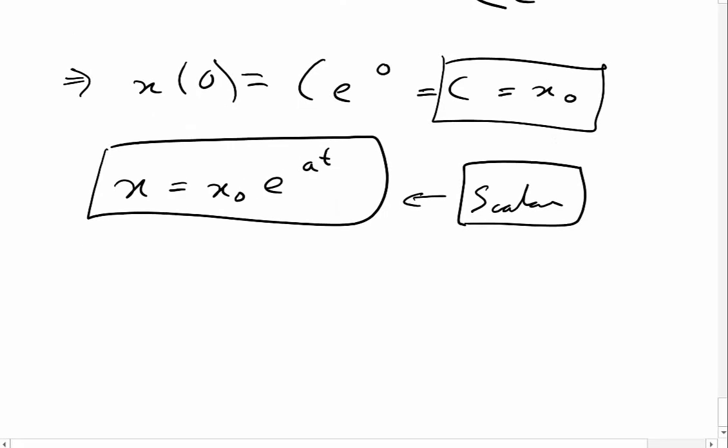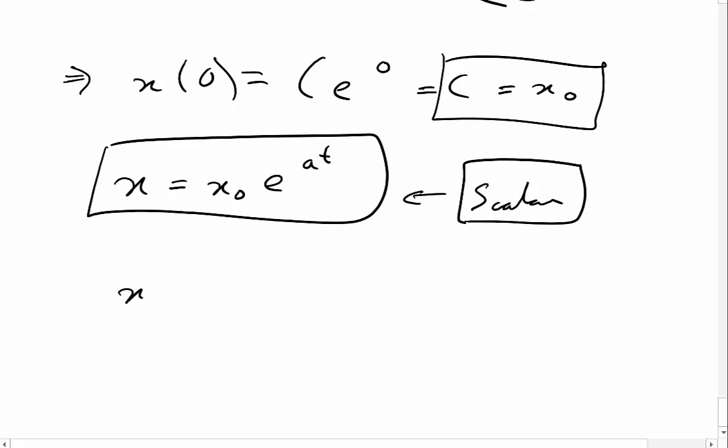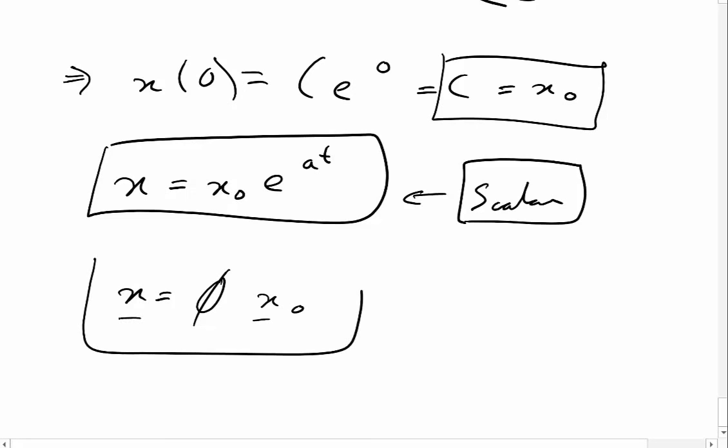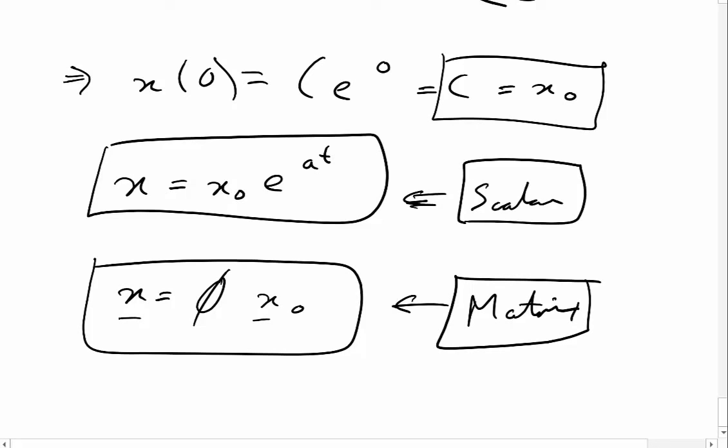If I solve the matrix case, my solution, as I've just shown, is phi x naught, where these are both vectors now. So this is my scalar case up here, and this is my matrix case here. Hopefully you can see the similarities.